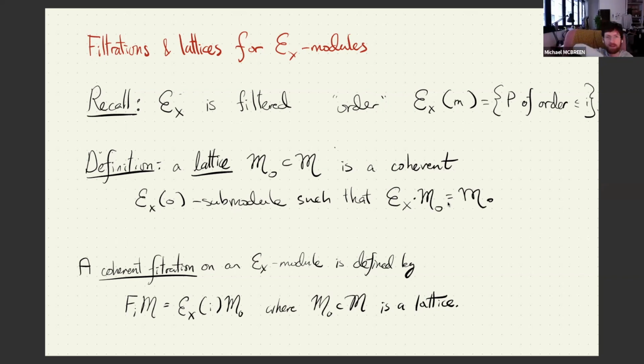A lattice for us will just be a coherent EX0 submodule that generates the whole thing. EX0 you should think of as functions along the base plus negative order differential operators: Z plus the inverse of the derivative plus the derivative to the minus 3, and so forth.